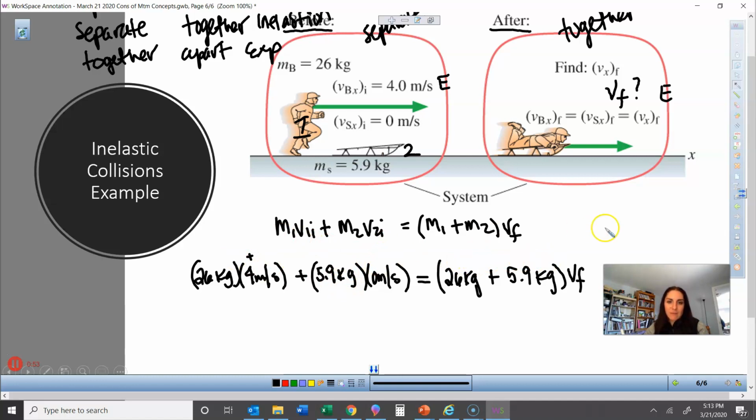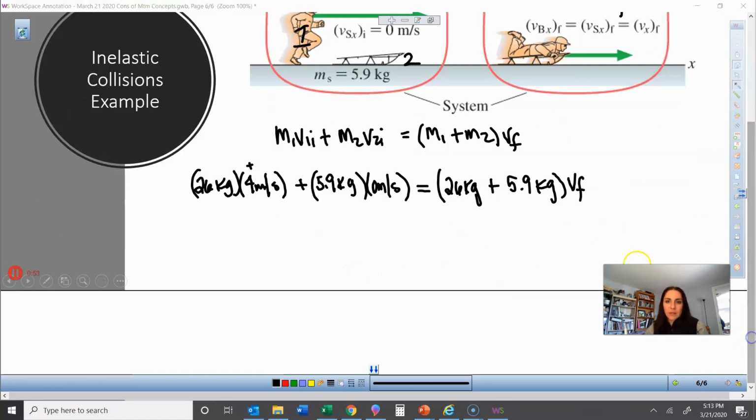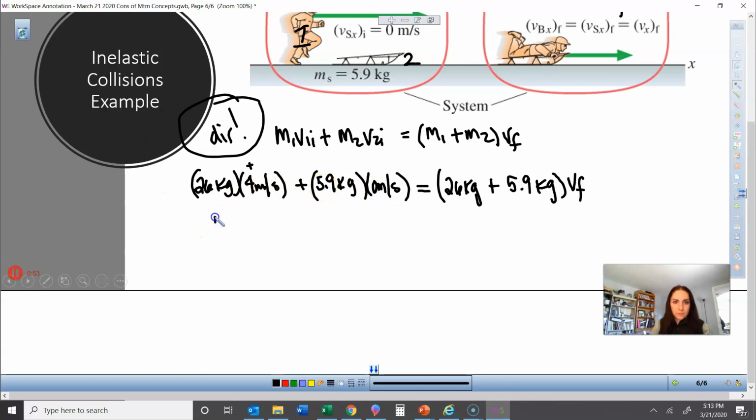I mean, 0 doesn't really have a positive or negative feature, but I am including direction. So the number one mistake on your quiz is forgetting a negative sign when you need it. For this question, you don't need it because it's going east. So I'm going to go ahead and simplify this. 26 times 4.